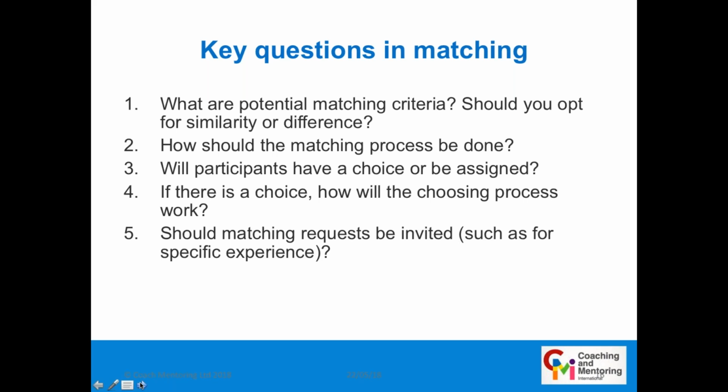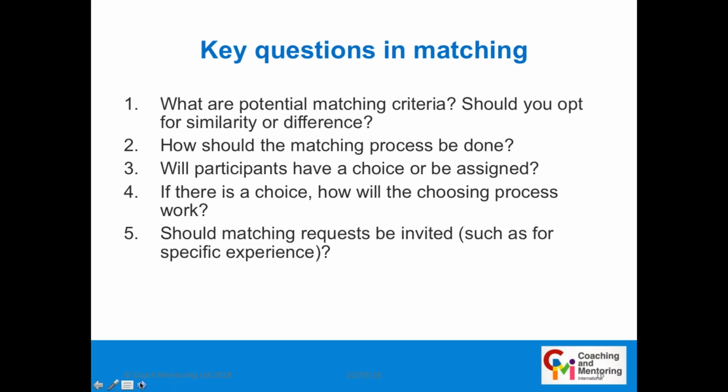And sometimes, if there is a little bit of conflict, that little bit of grit in the oyster is what they get the most learning from. But that means you've got to then really support those relationships very strongly. So that has implications with the rest of the program design. So the matching process is integral, and it has all sorts of implications for the rest of the design of the mentoring process. Thanks, David.